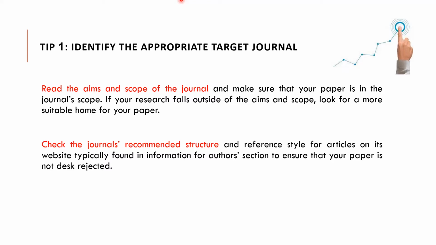If you don't follow these main steps, you will get desk rejection. Desk rejection means the editorial board will reject your work immediately. They will not send it to the reviewers or take it to the next phase of the process.